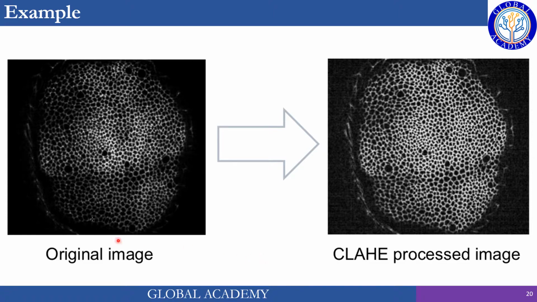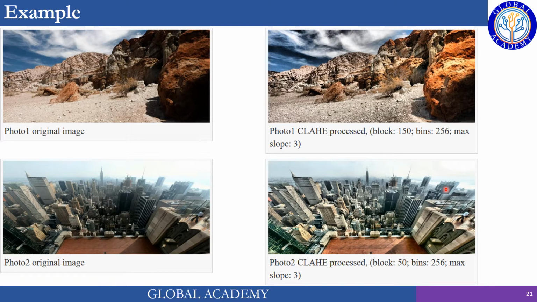Here's another example. You can see this is the original image, and this is the CLAHE processed image. The same adaptive histogram equalization is applied on colored images.